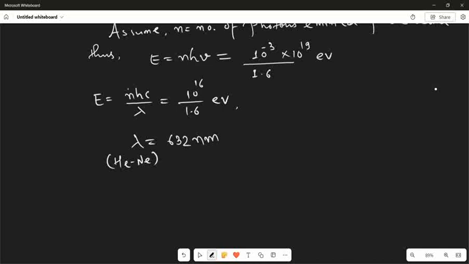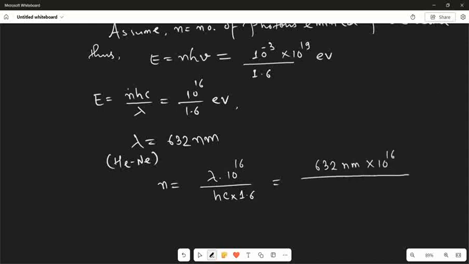So now you can also write n is equal to lambda times 10 to the power 16 divided by hc times 1.6. So this will be equal to 632 nanometer into 10 to the power 16 divided by 1240 electron volt nanometer into 1.6.